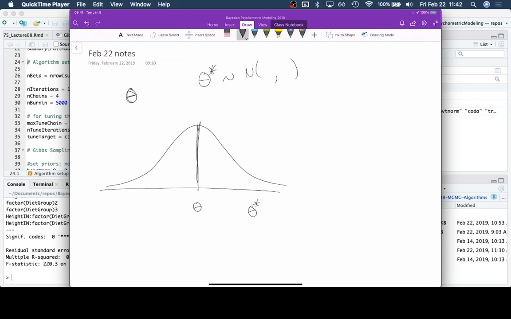The mean of that normal distribution might be the old value. But the question is, what is the variance of that normal distribution? Sigma squared what? I don't know. And that's where the tuning of the algorithm has to happen.